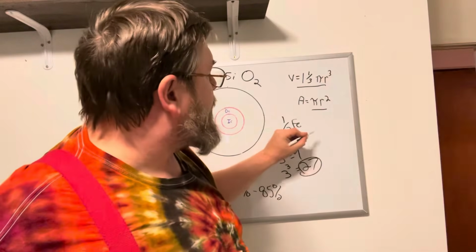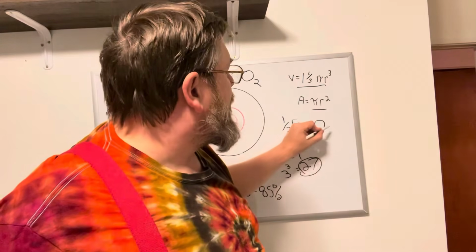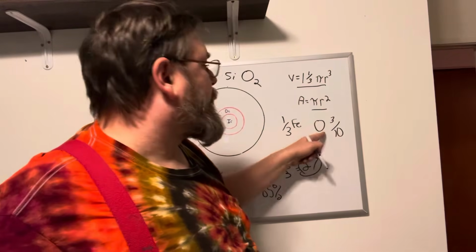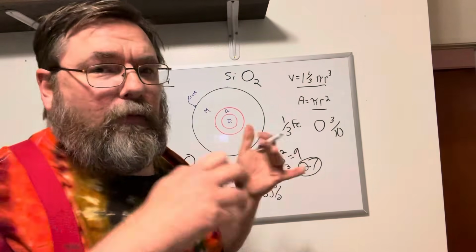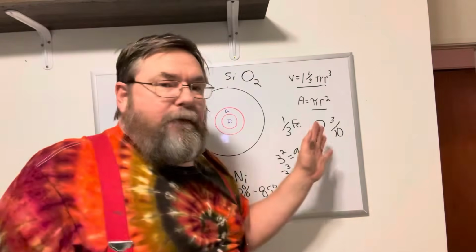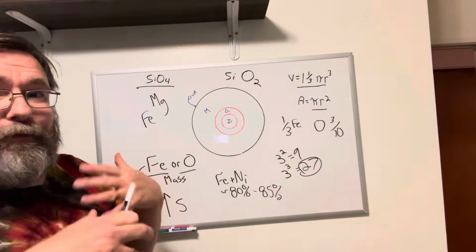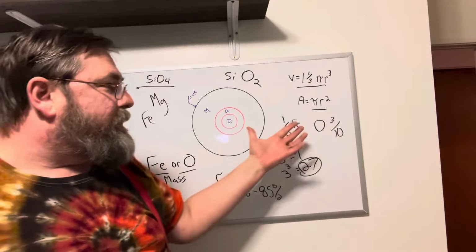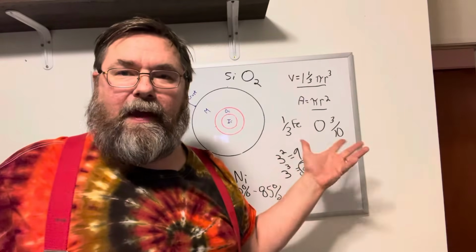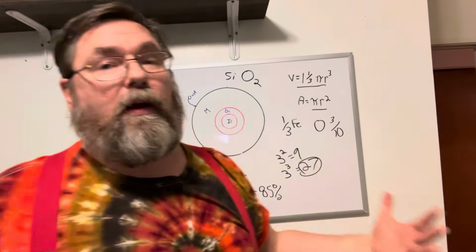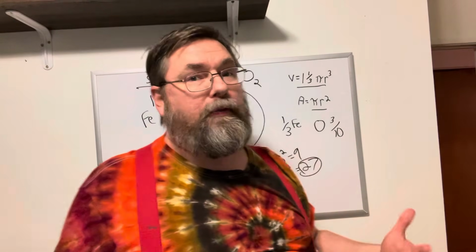It's closer to this. Oxygen is more like 3/10 or 30% as opposed to 33, somewhere between there. So if we increase oxygen for any reason and decrease iron for any reason, this could flip. They're real close to each other according to Wikipedia. I've just begun running the calculations. I don't know what they are for sure.